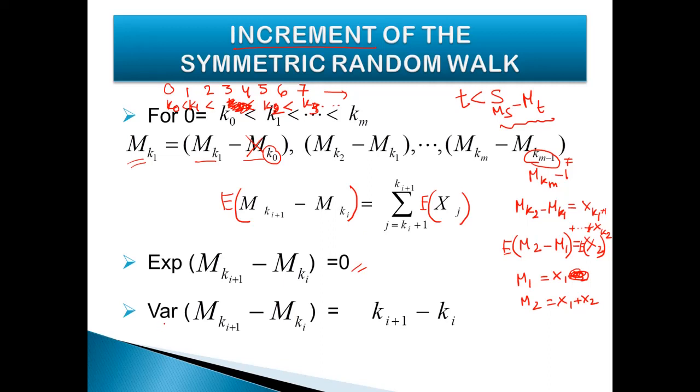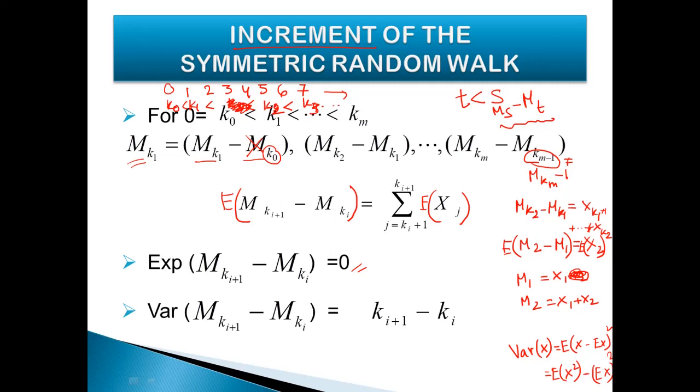Now what is the variance of m_(k_(i+1)) minus m_(k_i)? Again the popular formula. If you have a random variable x, the variance is the expectation of (x minus E[x]) whole square, which can also be written as the expectation of x square minus (the expectation of x) whole square.